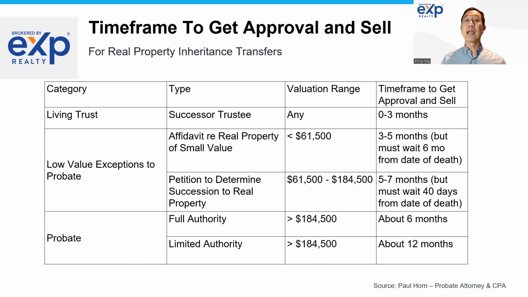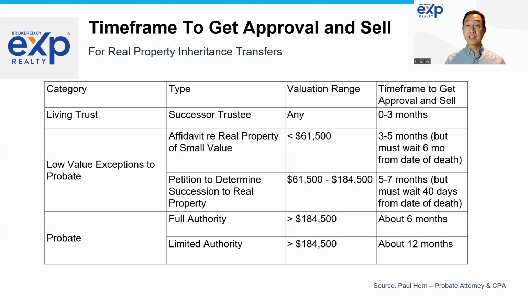These values have to be determined by what's called a referee who is certified by the court. And the document that needs to be filed is the petition to determine succession to real property. The process of getting that approval and then selling the property is usually between 5 and 7 months.